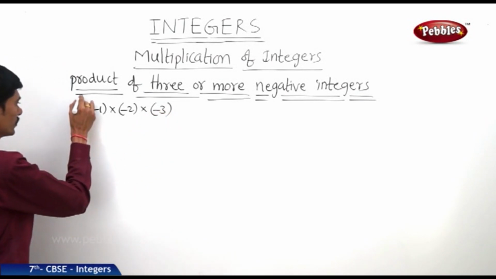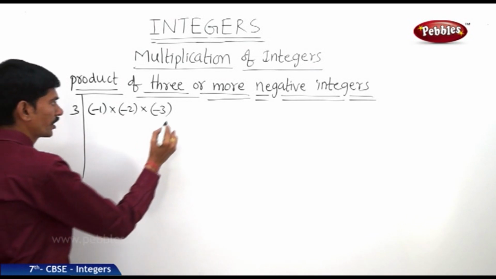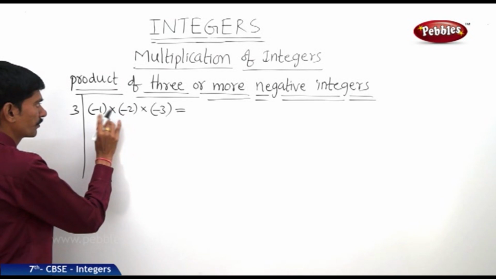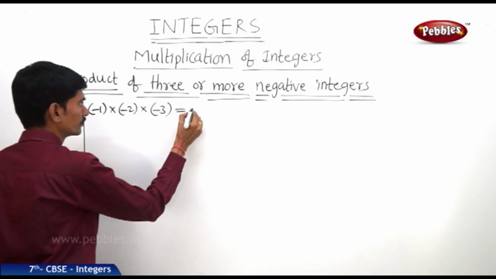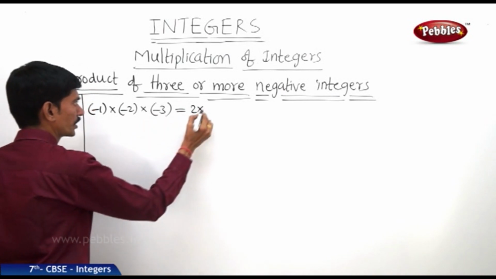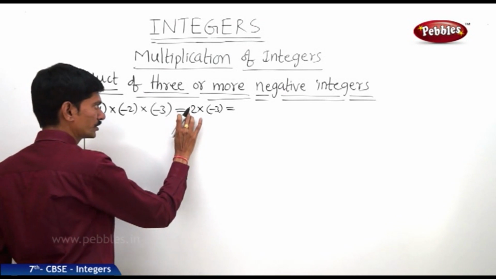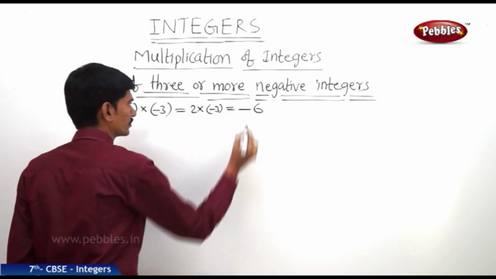So here 3 integers are multiplied, then what is the product? Minus 1 into minus 2, the product of these two negative integers is positive, and 1 2s are 2. 2 into minus 3 equals, and the product of positive and negative is again negative. So 2 3s are 6.